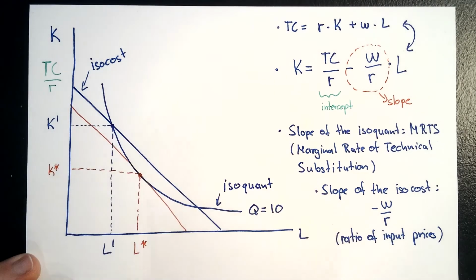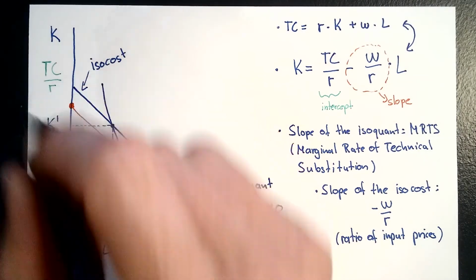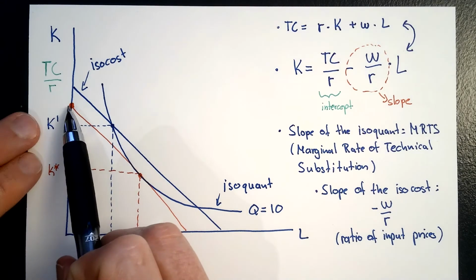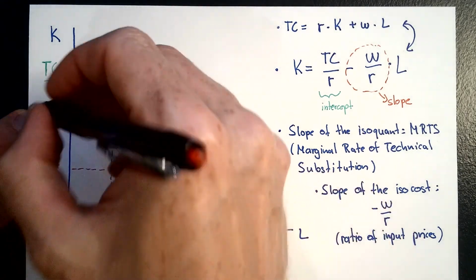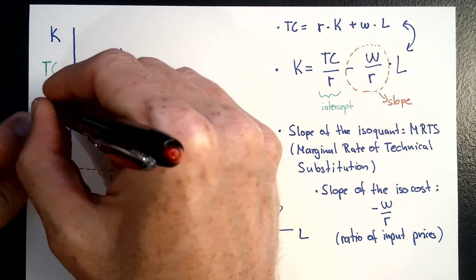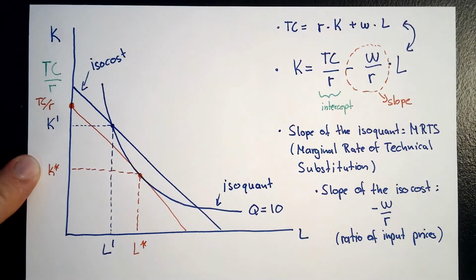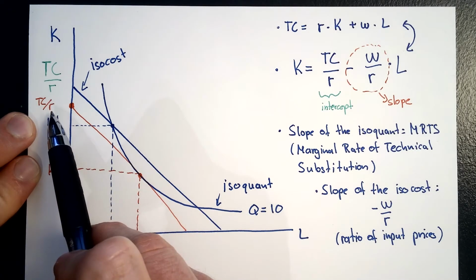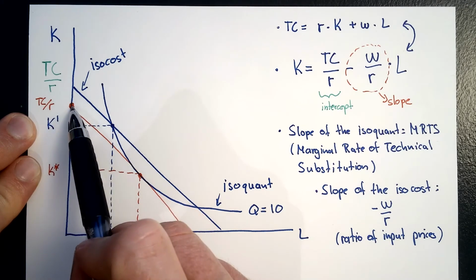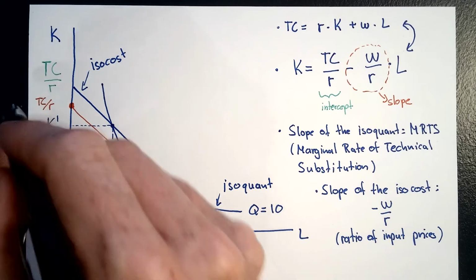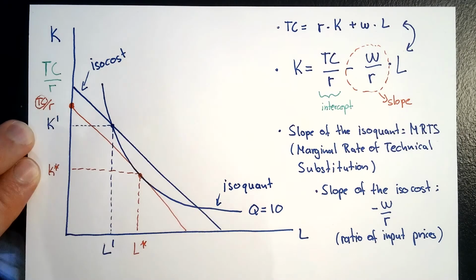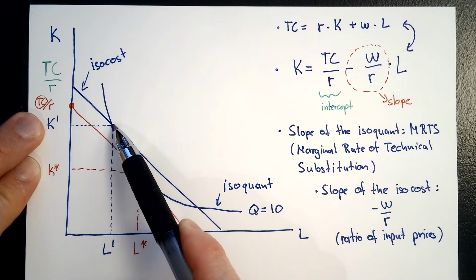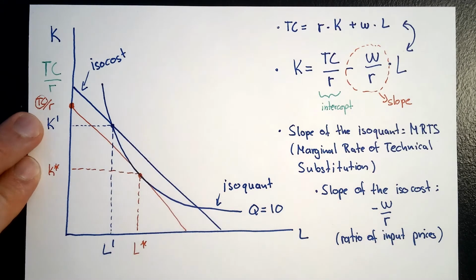Now, consider this point here. Note that this point has also the intercept of total cost divided by R. But note that since R is the same in both cases, but here we have a lower intercept, this means that the TC here has to be lower than the total cost associated with this combination of inputs.